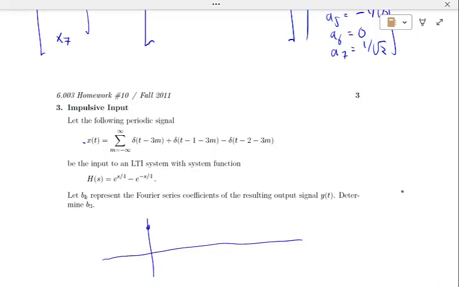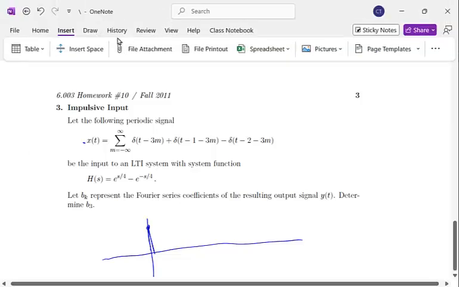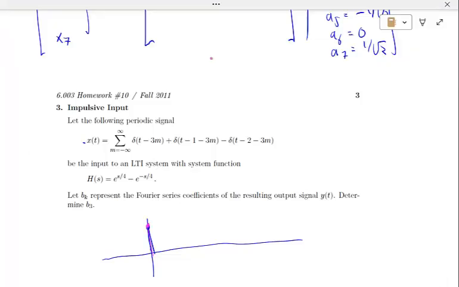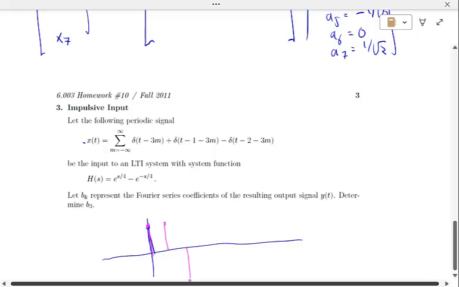So you're going to have a spike here. I suppose I should use a different color so it looks clearer. So you're just going to have the spike here. When t equals 1, that picks up this one here. So there's another plus. When t equals 2, you get a minus. So this signal is just plus, plus, minus, etc.